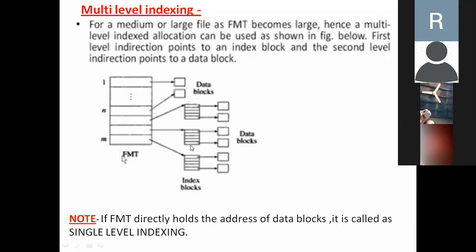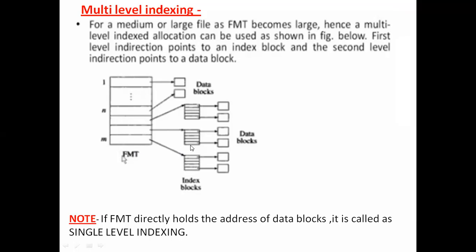These index blocks in turn contain the addresses of these data blocks. All these blocks are the data blocks, and the addresses of these data blocks will be held in the index blocks, and in turn the addresses of these index blocks will be held in the FMT table.